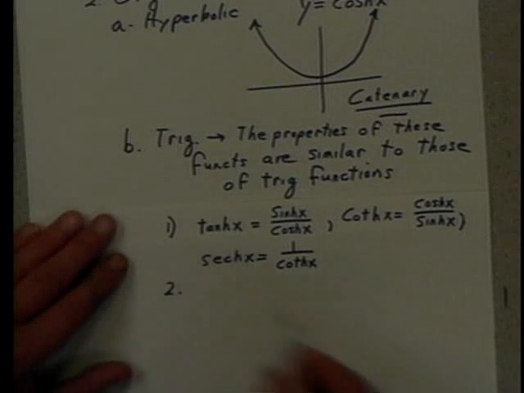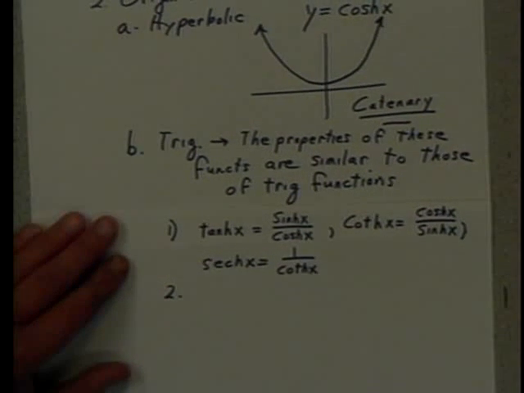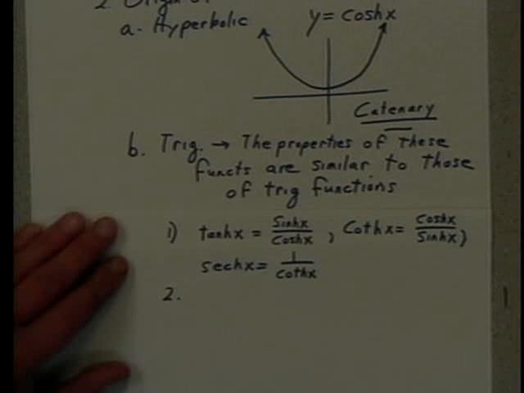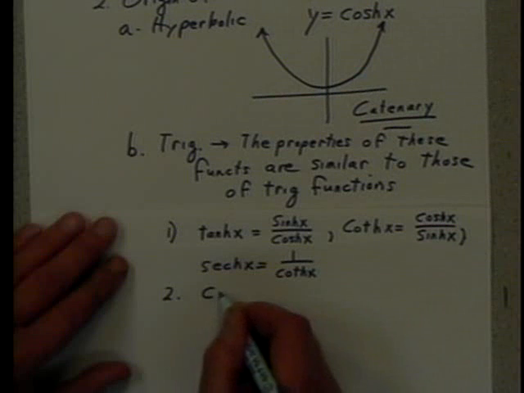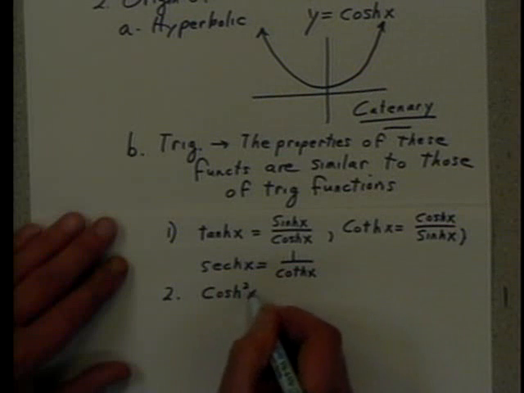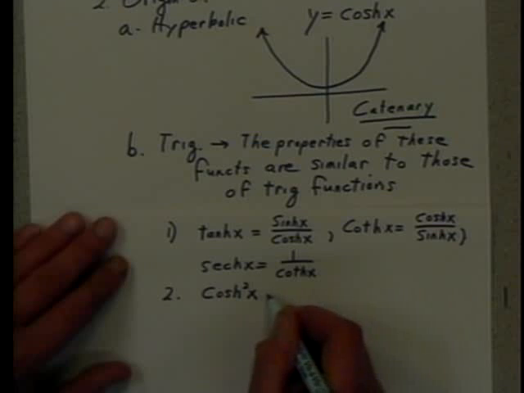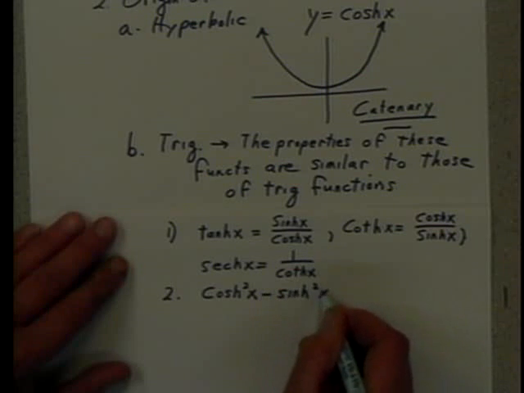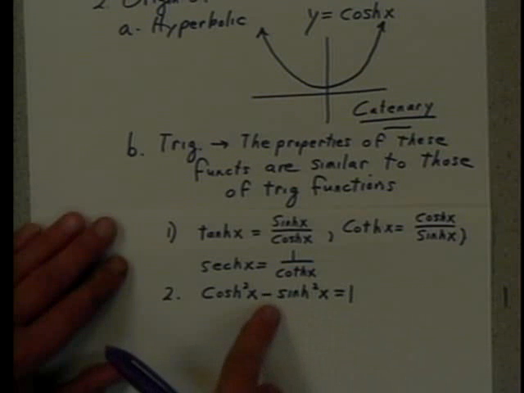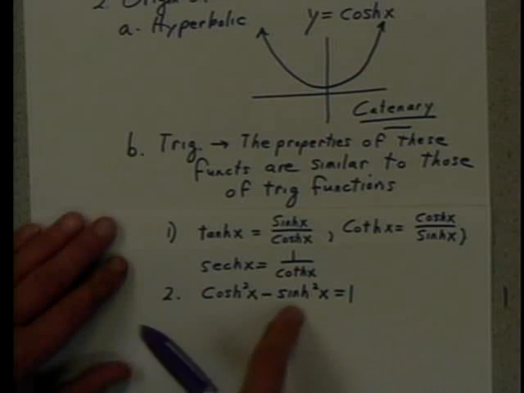Okay, number 2. Remember sine squared plus cosine squared is 1? There's something like it, but this is what it takes. It's cosh squared of x plus sinh... no, it's minus. So just about the time you get a little overconfident, and most of the differences are a slight sign change somewhere, where it used to be plus, it's minus. And of course, if it's minus, it matters what you write first and second, right?